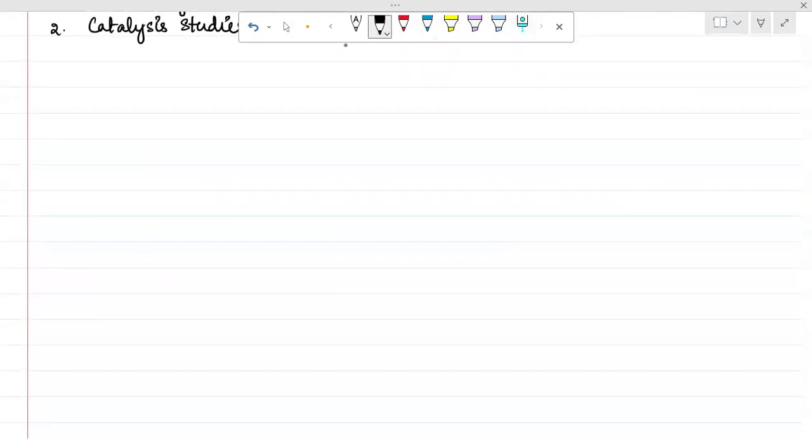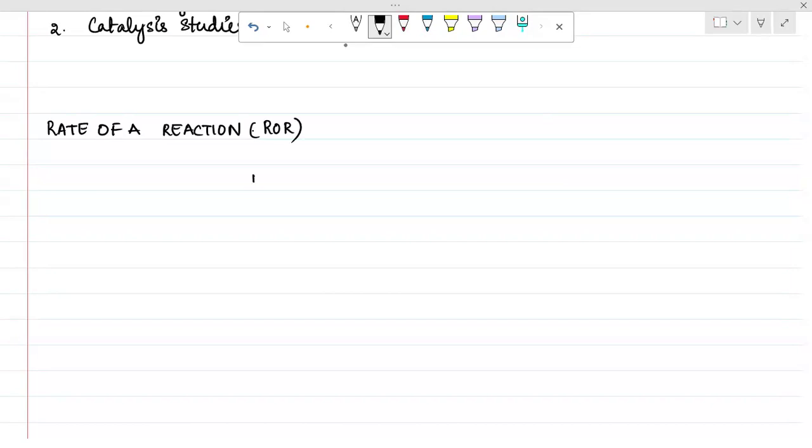Now, let's get into the main topic. Please note down the heading, rate of a reaction. What is the rate of a reaction? So simply, if we have to express it in a mathematical formula, rate of a reaction, or you can also call it speed of a reaction. Okay. So I'll write it as ROR.